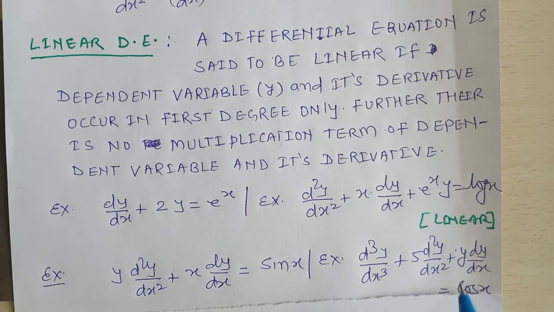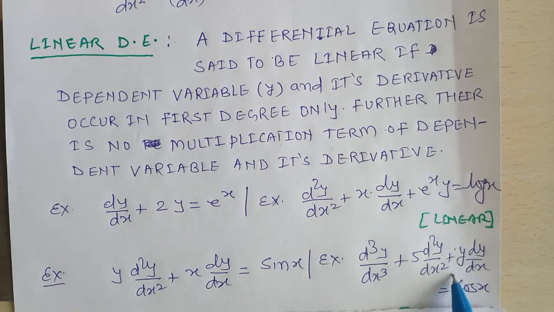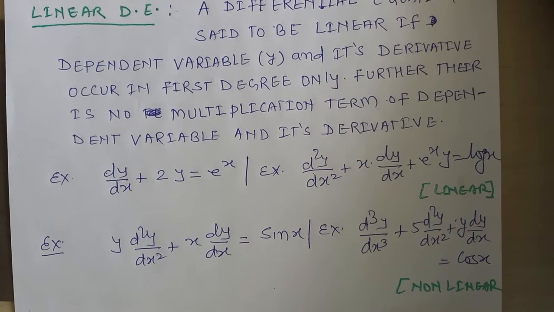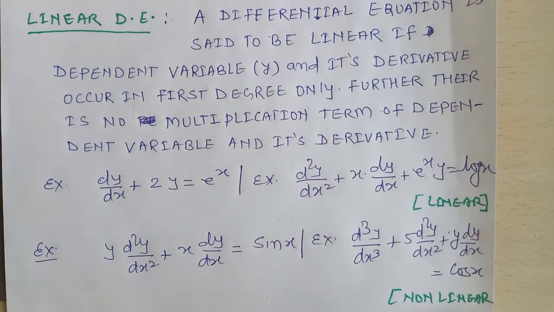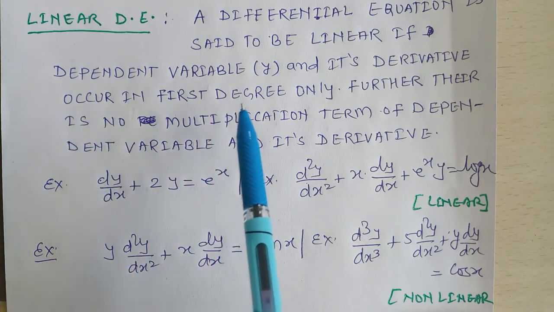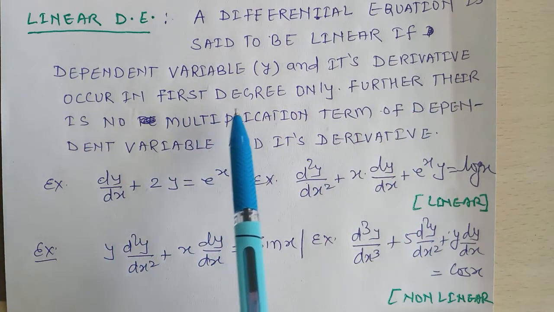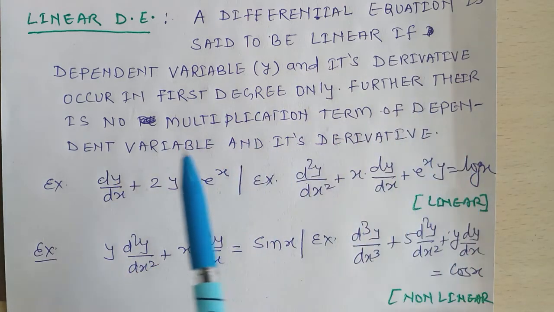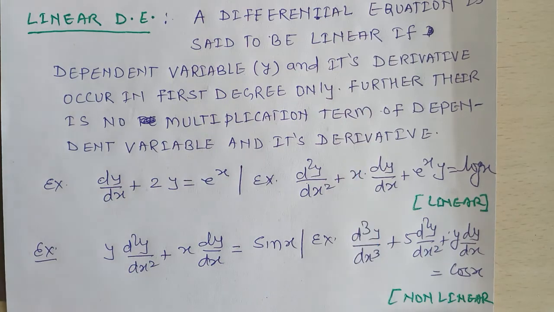Similarly, in this differential equation, we get a multiplication term of y and its derivative. So these are examples of non-linear differential equations. So a differential equation is linear if the dependent variable and all its derivatives occur in first degree only, and further there is no multiplication term of the dependent variable and its derivative.